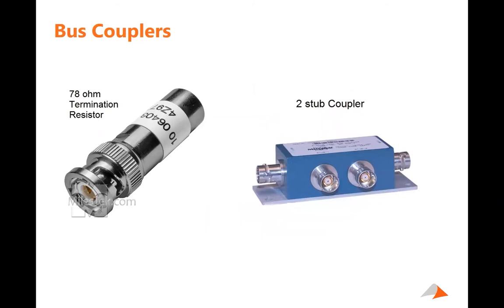The bus couplers. So this here on the right is a 2-stub coupler. This would be the data bus coming through this way. And you can easily take this and connect it to a 1553 data bus wire and take it further out and have more couplers.